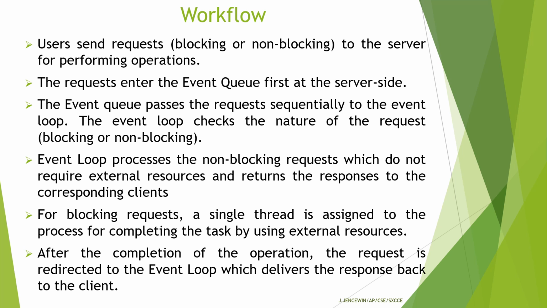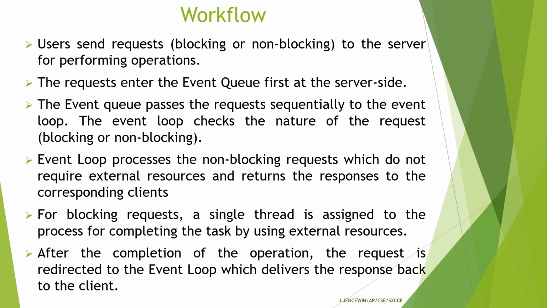The request is initially received by the event queue, and the event loop works on top of the event queue, fetches the request and splits it into blocking and non-blocking. The non-blocking request is handled by the event loop itself, and after processing, the response is sent back to the client.